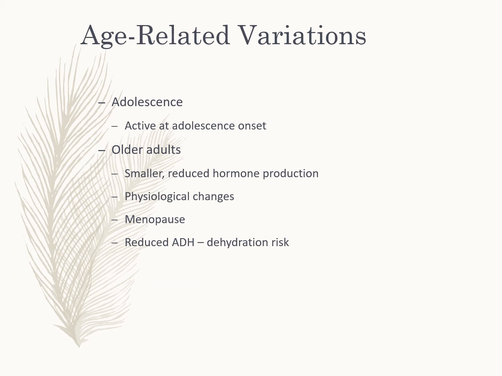So glands and the actions of hormones are influenced by the aging process, particularly during adolescence and among older adults. When we're talking about adolescence, reproductive glands and hormones lie mostly dormant during childhood and become active at the onset of adolescence. During puberty, the anterior pituitary increases secretion of gonadotropins, which is luteinizing hormone and follicle stimulating hormone.